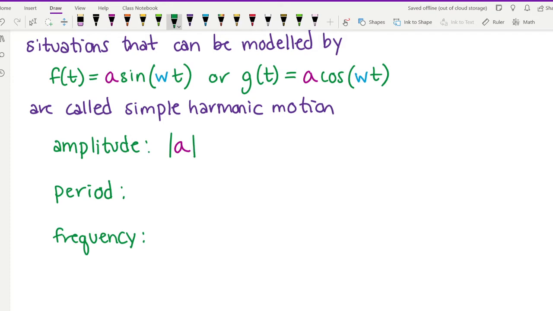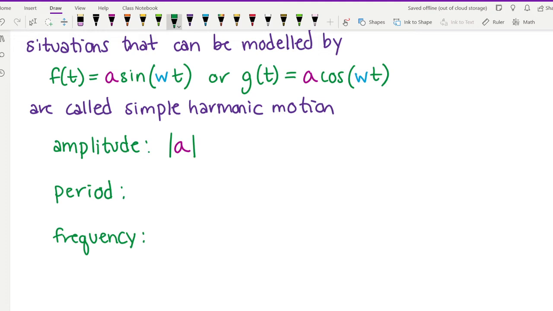That would also be reflecting your graph. But regardless of whether it's positive or negative, that's going to tell you how much your graph is stretched or compressed vertically. And remember that amplitude is like half the total height of your graph. And so it's that vertical stretch that is going to impact that height. So you find the amplitude by taking the absolute value of that number a.